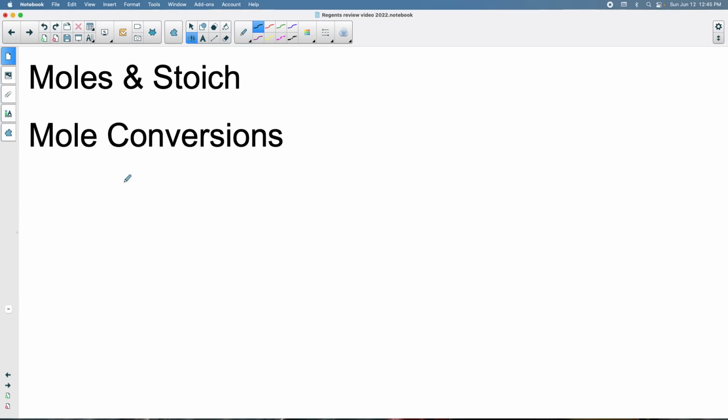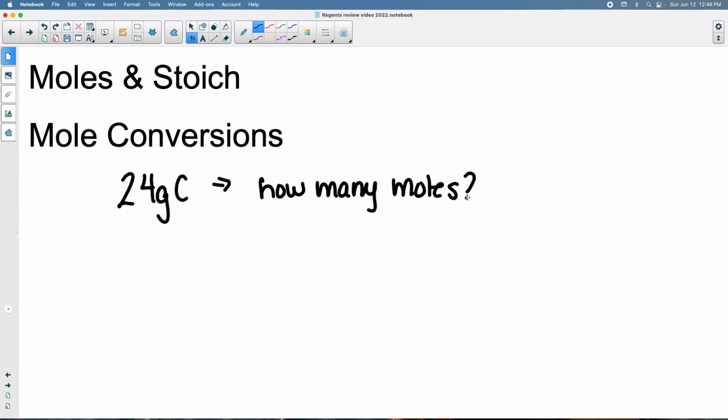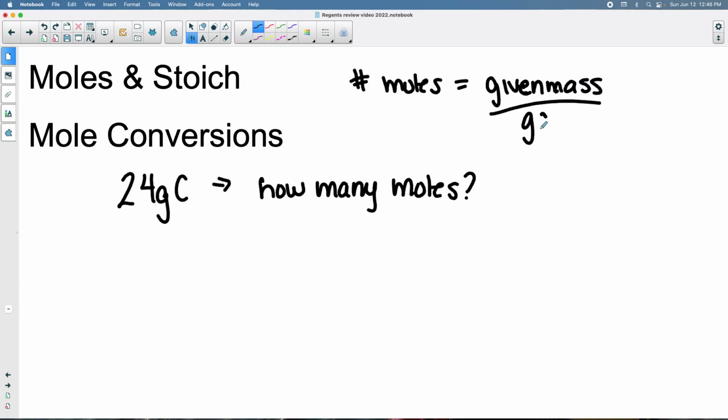Mole conversions, for example, if they give you 24 grams of carbon and they say how many moles, you can do this one of 2 ways. On Table T, there is a formula that says number of moles is equal to given mass over the gram formula mass, or we can use dimensional analysis.